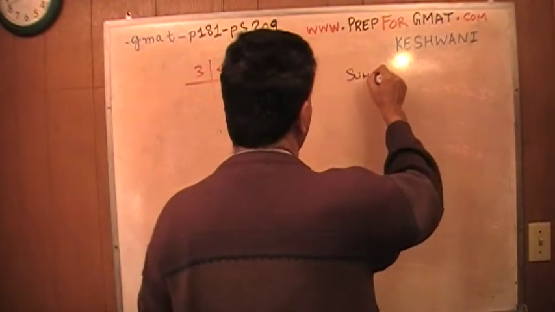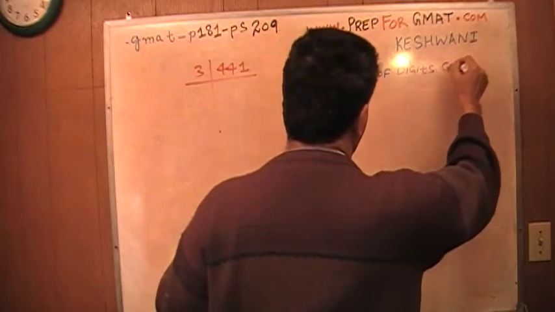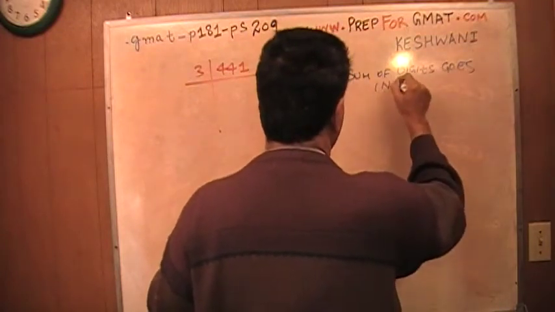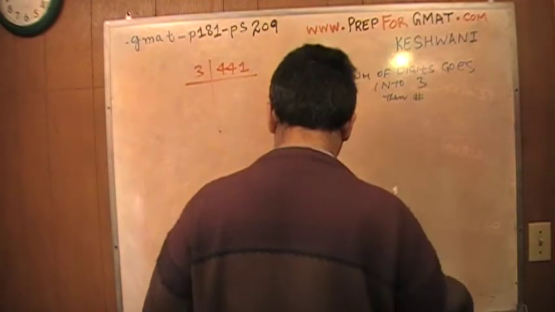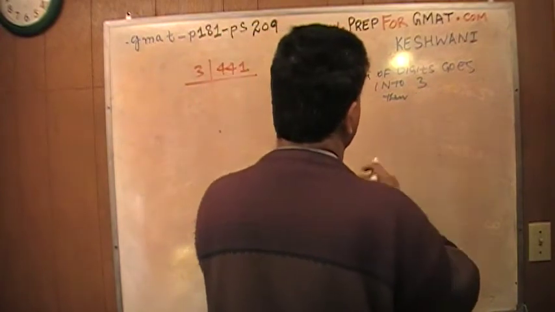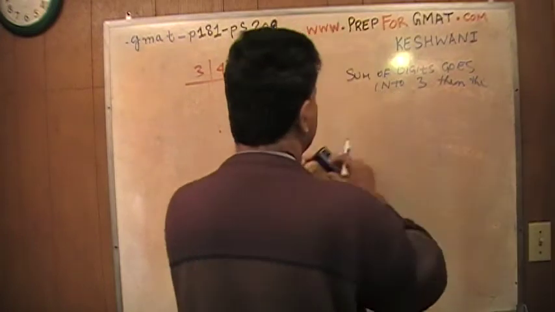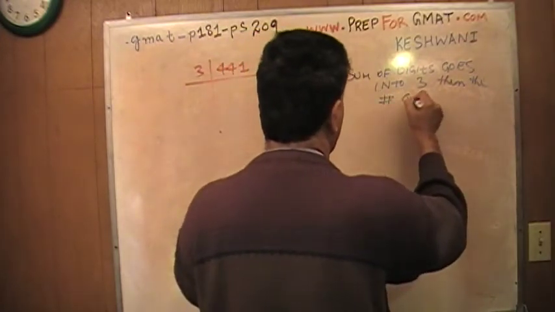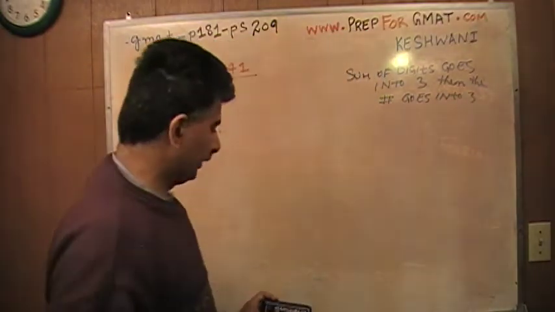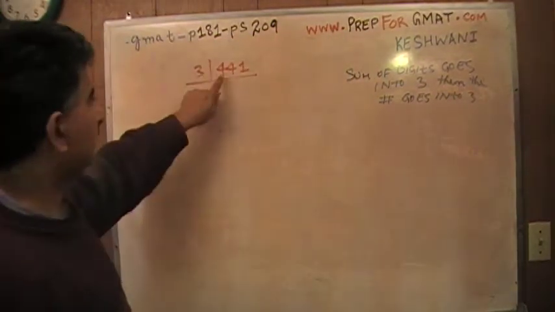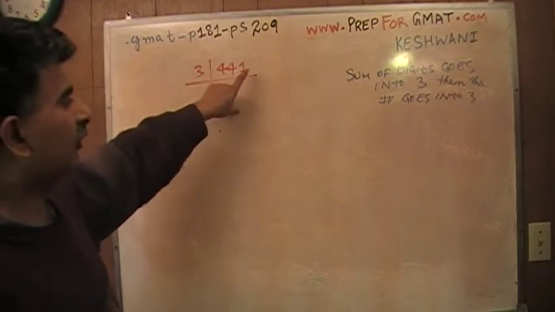If the sum of the digits goes into 3, then the number goes into 3. That's what you have to remember. For example, here 4 plus 4 is 8, 8 plus 1 is 9. Since 9 goes into 3, therefore 441 should go into 3.